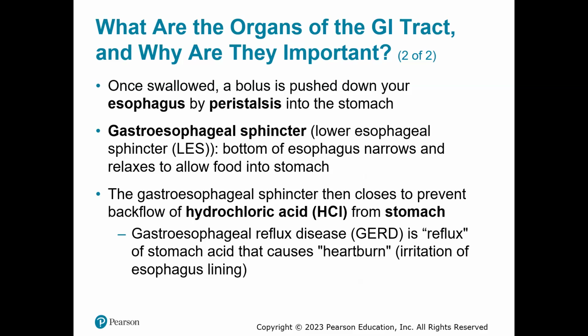Now, people who have a weakness or a laxity in the gastroesophageal sphincter can have that little bit of backflow of hydrochloric acid or stomach contents into the esophagus, and we call that acid reflux, or if it's more severe, gastroesophageal reflux disease, or GERD.